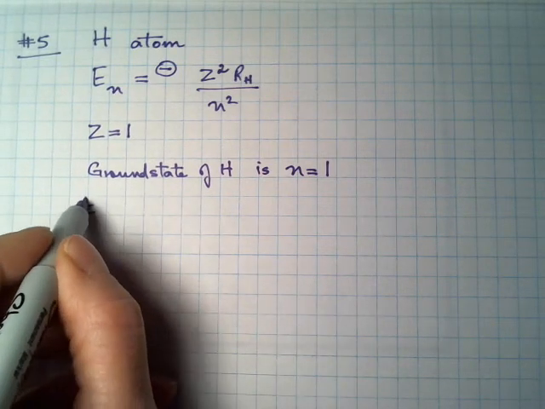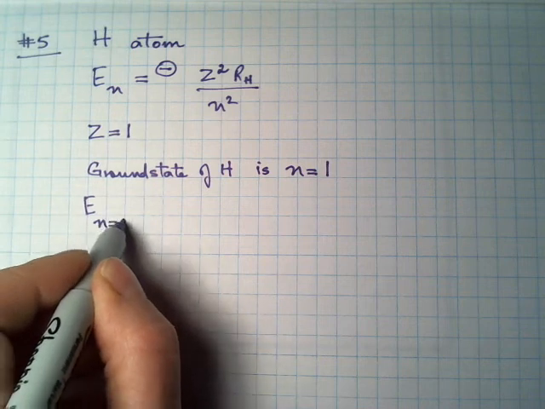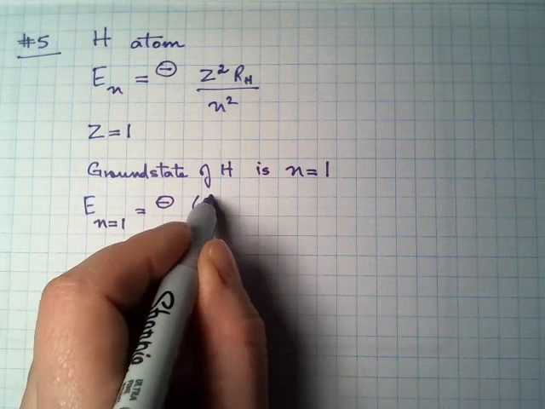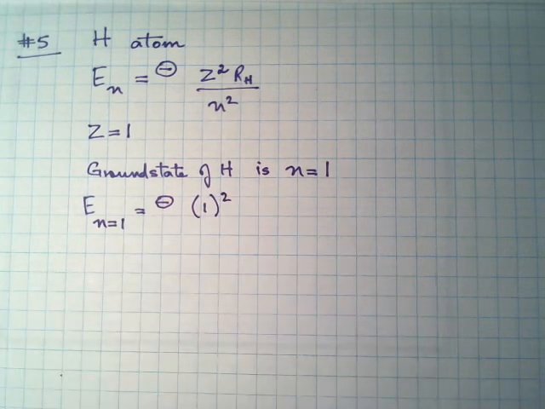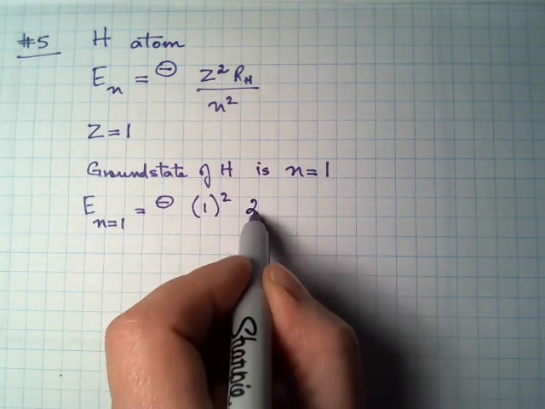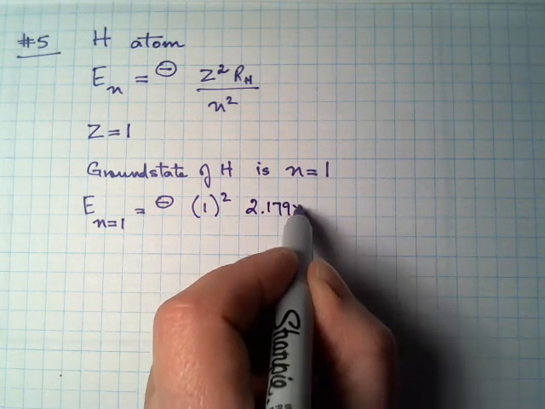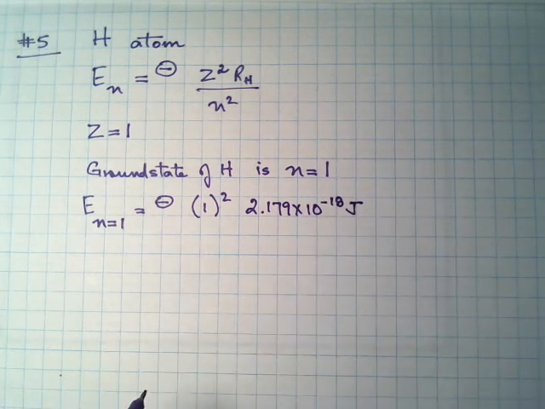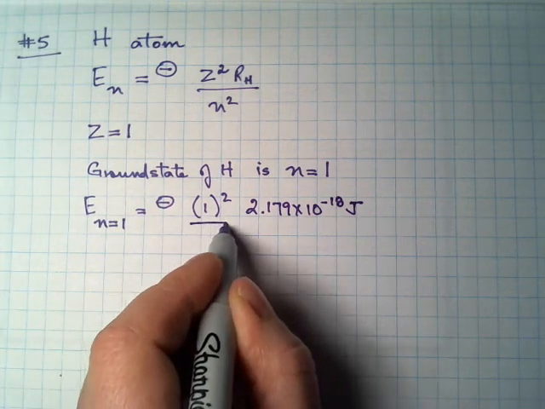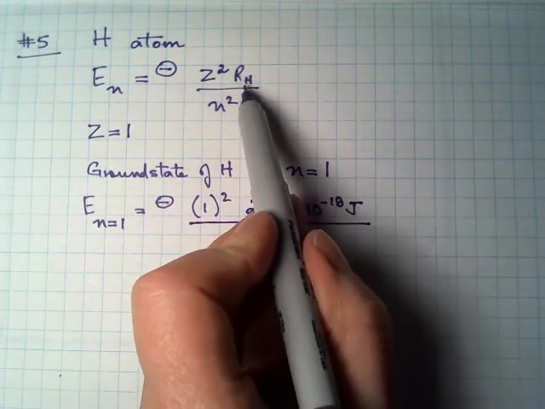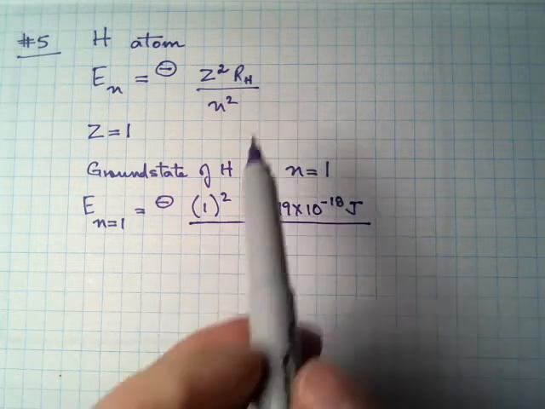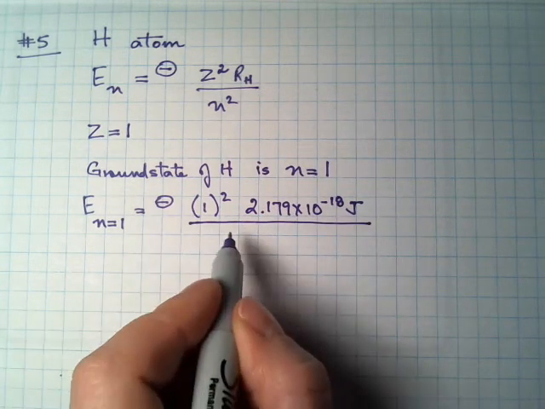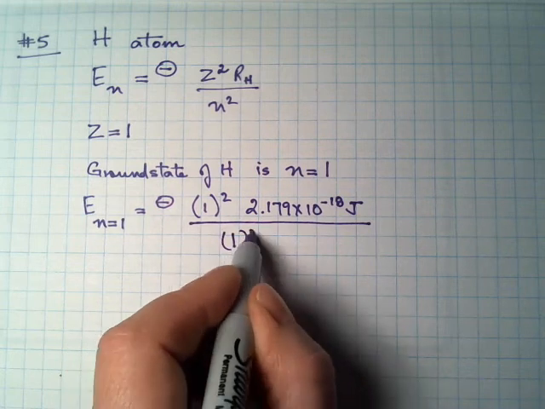The energy of the ground state, so n equals 1, is equal to the negative value of 1 squared, because my atomic number is 1, times 2.179 times 10 to the minus 18 joules, my numerical constant R sub h, so that distinguishes it from the gas constant R, by the way. And it's n equals 1, so I have this 1 squared.